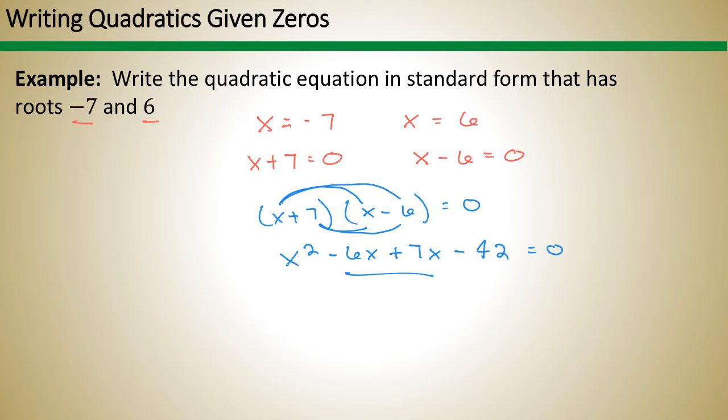Combine these like terms in the middle, and we have x squared plus x minus 42 equal to 0. So our actual equation that we're looking for is this: f of x is equal to x squared plus x minus 42.